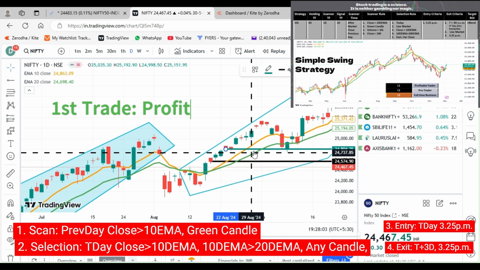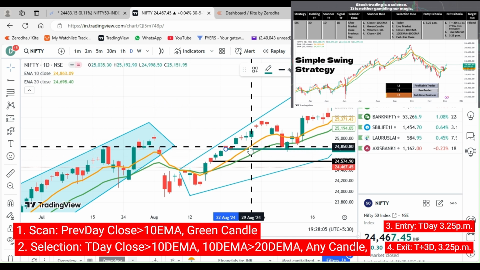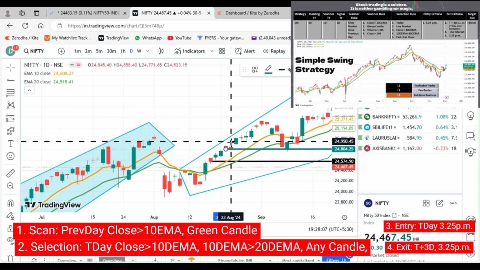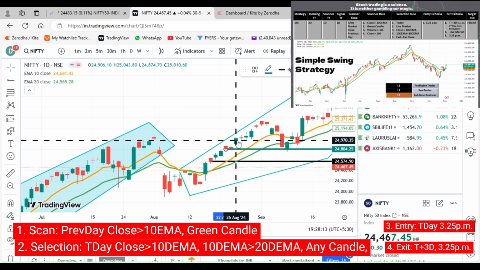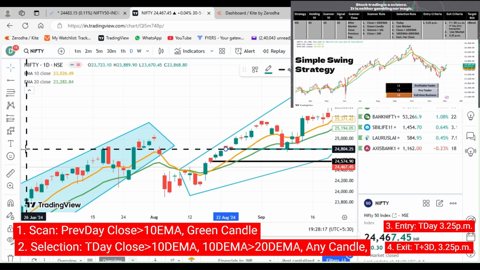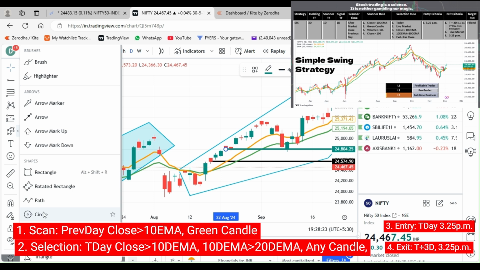Now after this is done, let us see the second trade. On the same upward trend, the second trade is coming on 26th of August. On 26th of August, again the scanning rule criteria is met, that is the stock is closing in green and is above the 10 DEMA line.